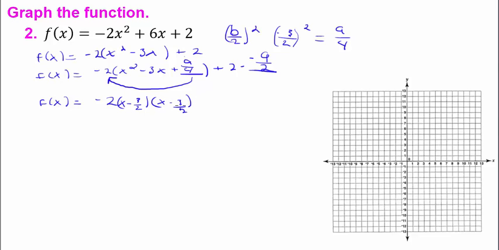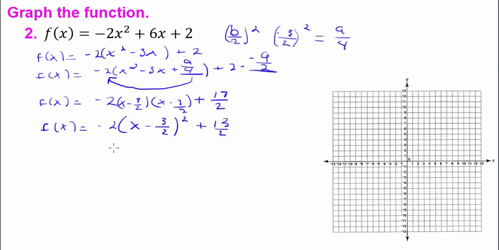And then the positive 2 minus a negative 9 halves actually turns into plus 13 over 2. Okay, so one more time, one more step, f of x is equal to negative 2 times x minus 3 halves squared plus 13 over 2. All right, so that is my vertex form.